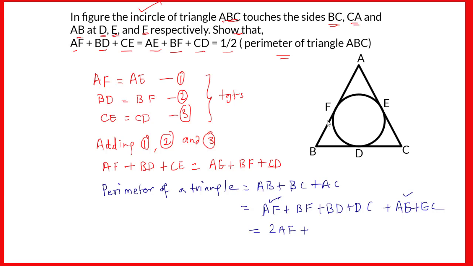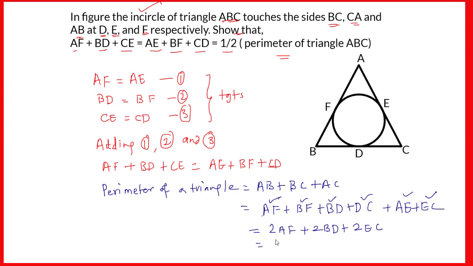Plus similarly, this BF and BD are equal, so the sum of these two will be either twice of BD or twice of BF. So we will write it as twice of BD. Plus here DC and EC are equal, so the sum of these two will be either twice of DC or twice of EC, so we will take it as twice of EC.